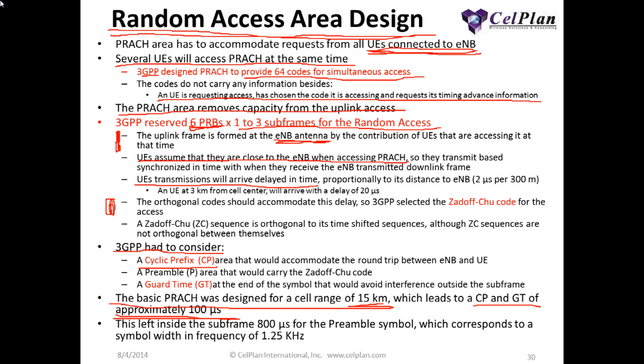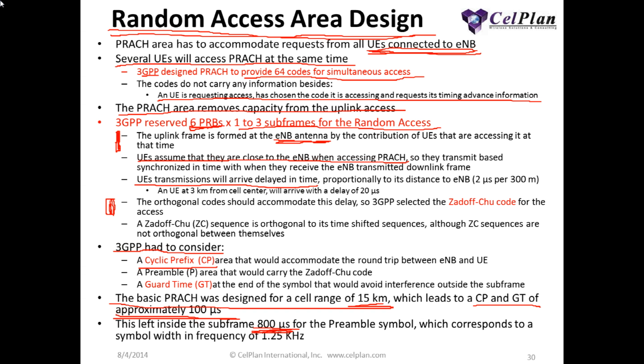Well, if you go to the basics of digital communications, you will see that an 800 microsecond symbol corresponds to a bandwidth of 1.25 kilohertz. One is the inverse of the other.